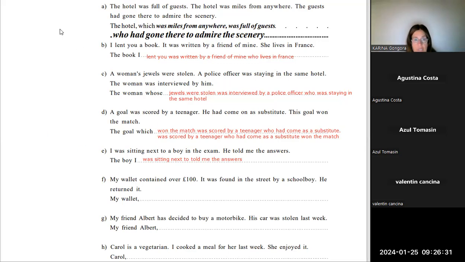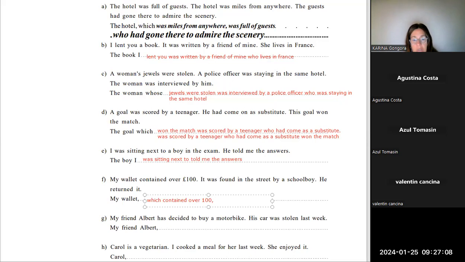I will write it just in case for details. So my wallet, which contained over 100 pounds, and then I need to put the comma here because this was non-defining, right?